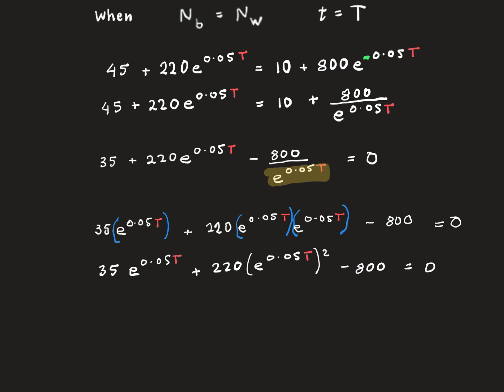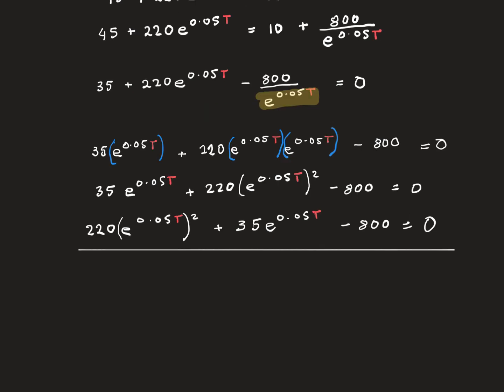I'll rewrite this one more time because this should go 220 e to the 0.05t, and that should be squared, plus 35 e to the 0.05t, and now we finish off that because that's the way a quadratic would look.